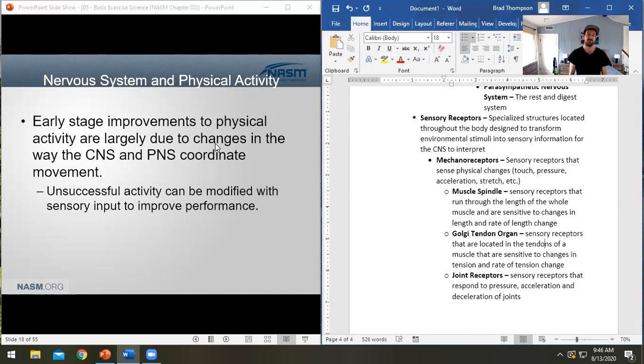Yeah, I'm really getting stronger. And objectively, they are getting stronger, but it's not because their muscles are getting larger. It's because your nervous system is getting better at controlling the body. So early stage improvements when it comes to physical activity are largely due to changes in your nervous system, more so than your body experiencing muscle growth.